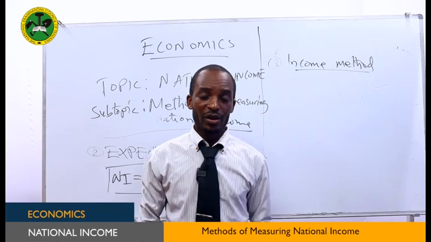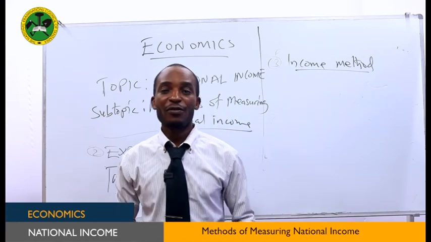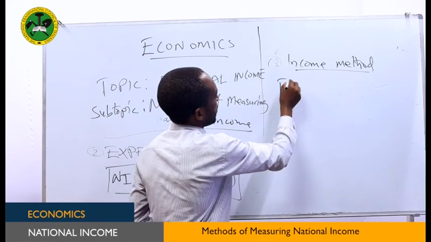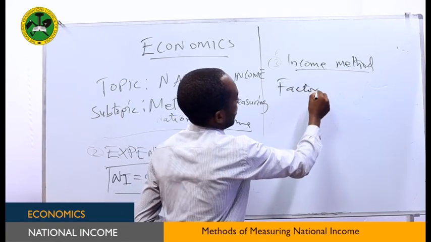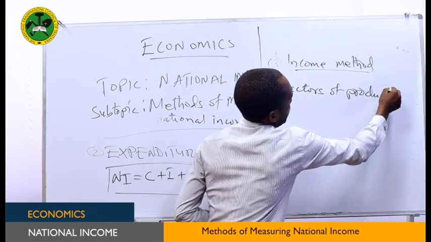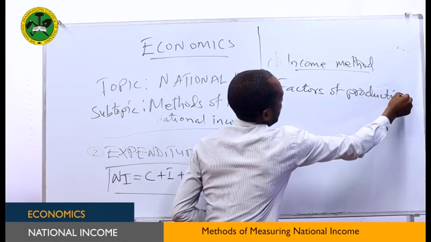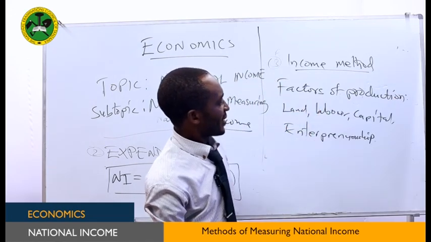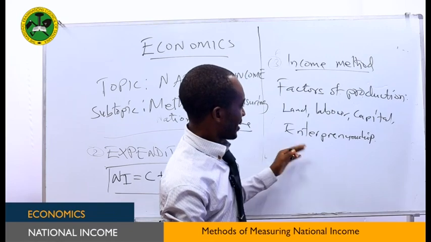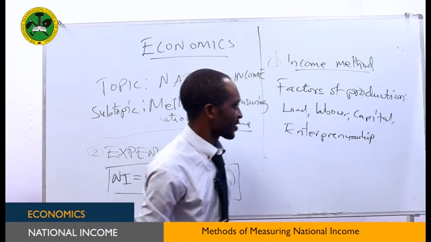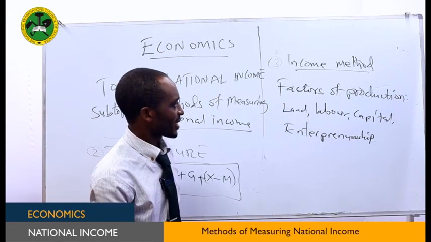And we know the factors of production in our economy are labor, land, capital, and entrepreneurship or organization. So we have 4 factors of production.